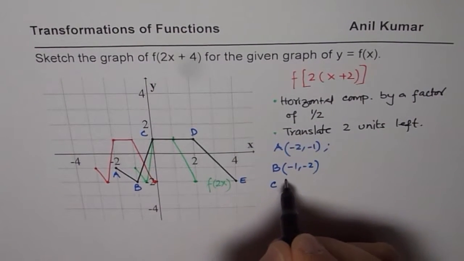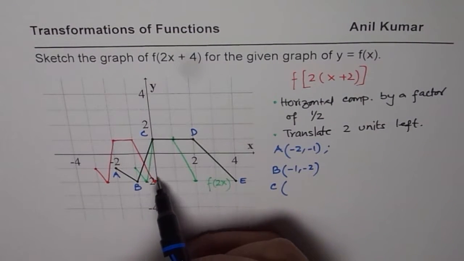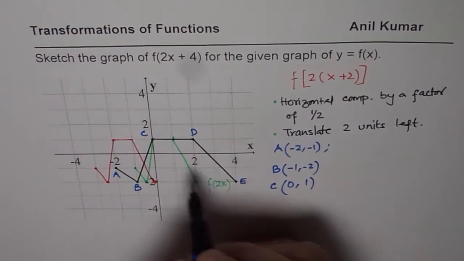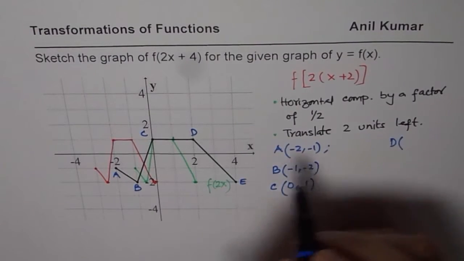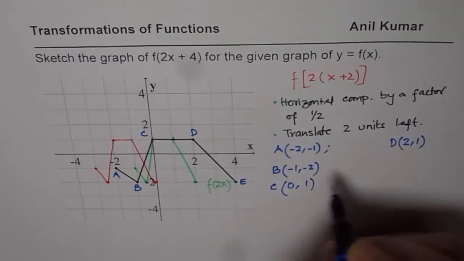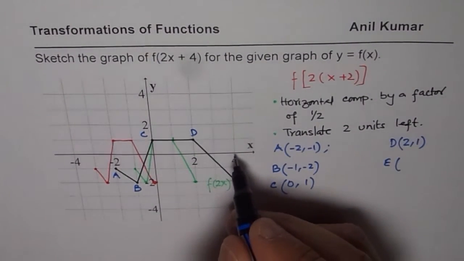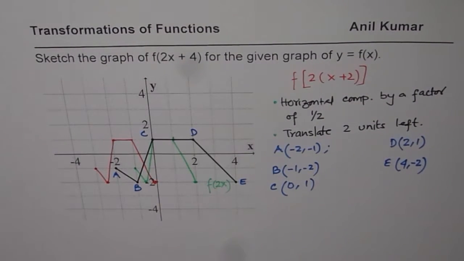For C, we have (0, 1). For D, at 2 the value is 1, so (2, 1). And for E, the point is (4, -2), correct? So these are the original points on our graph.